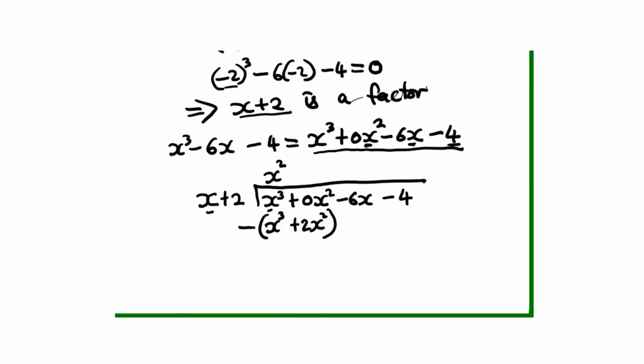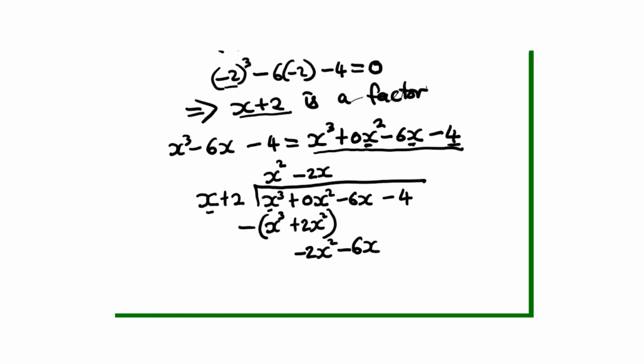As you subtract, it will be x cubed minus x cubed, which is 0. Then 0x squared minus 2x squared gives us minus 2x squared. Then we bring down minus 6x. Then x into minus 2x squared gives me minus 2x.